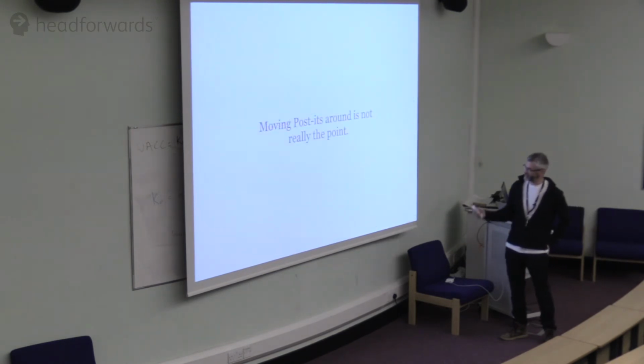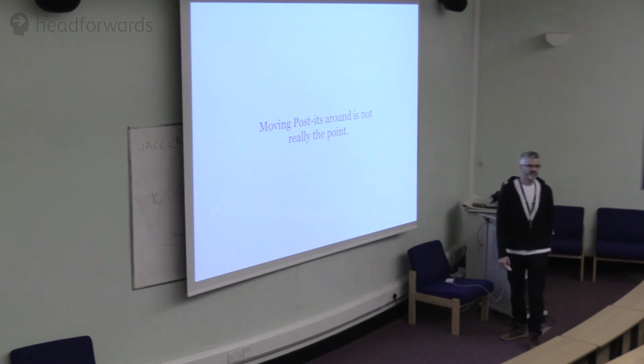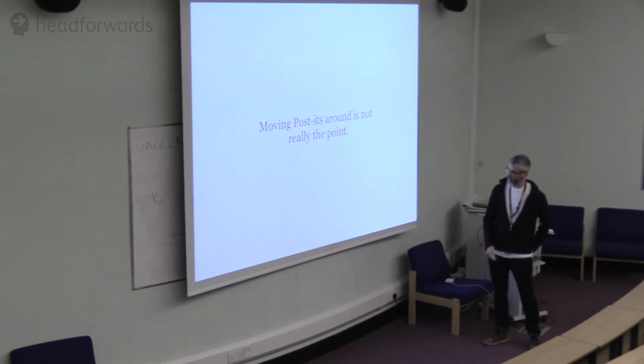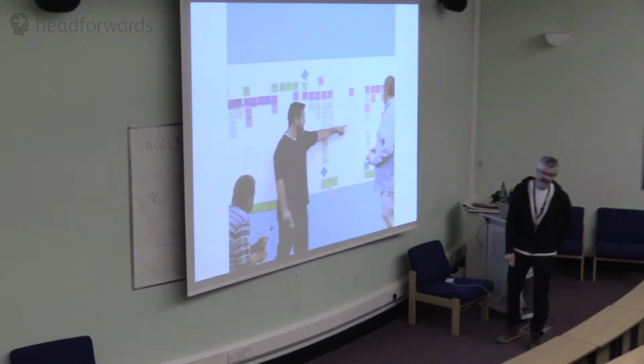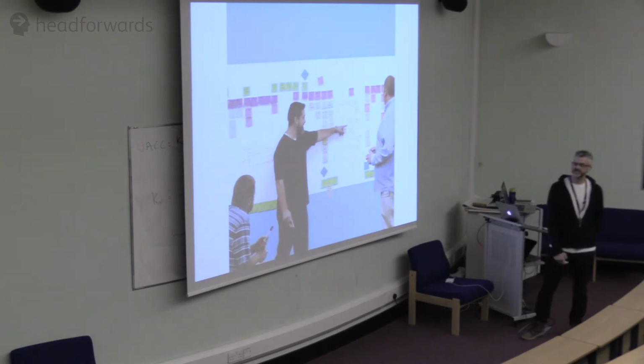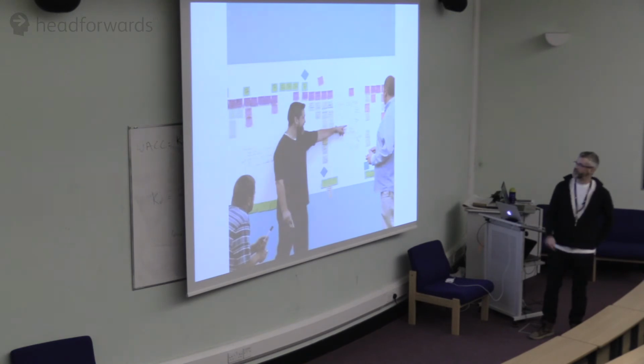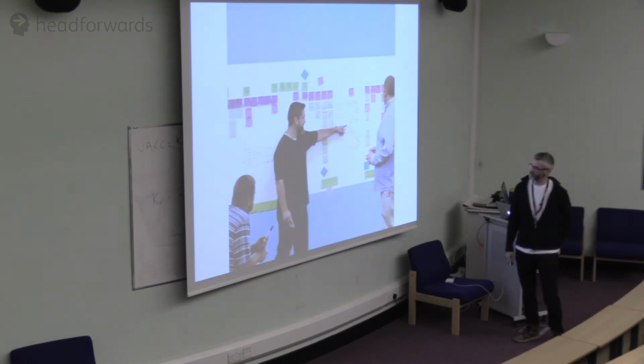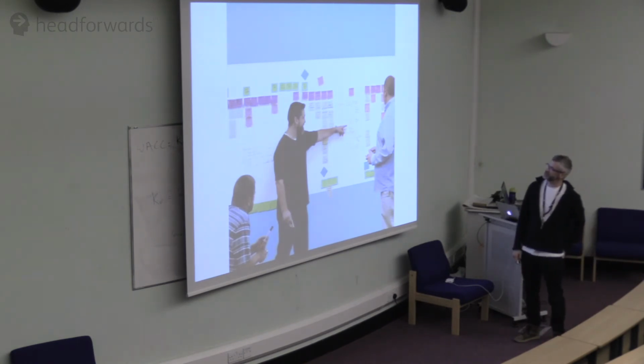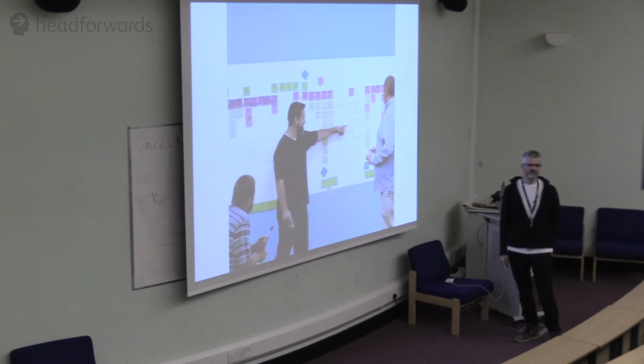But moving post-its around and positioning them nicely, although it's useful and gives you a bit of context, isn't really the point. The point is that everybody in your team had this conversation with all of your stakeholders. And if you had users, they were there too. And the people who were moving the post-its around on the board wasn't just the product manager, it wasn't just a stakeholder from on high telling you this is what needs to be done.